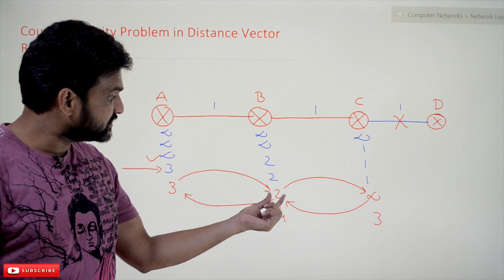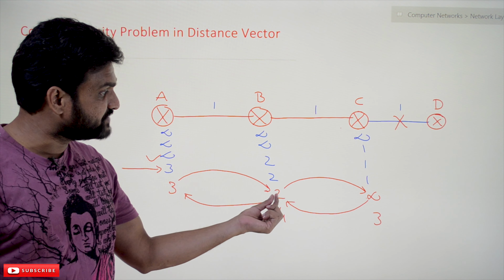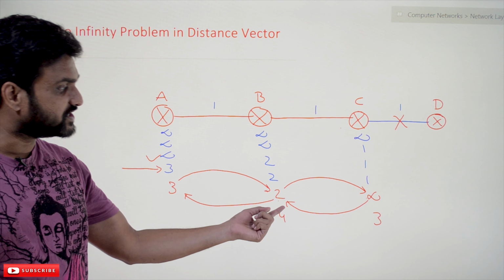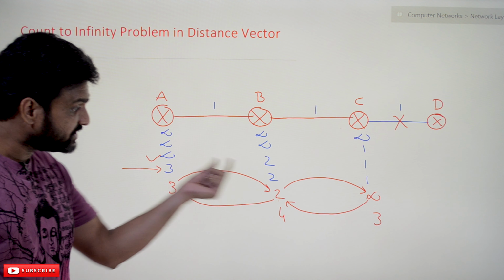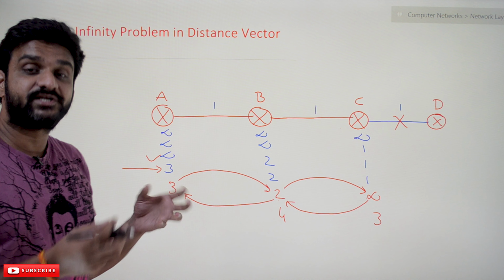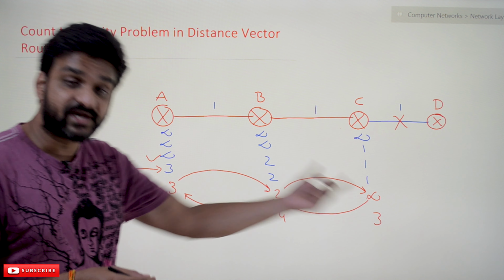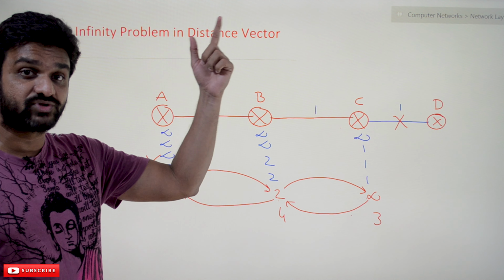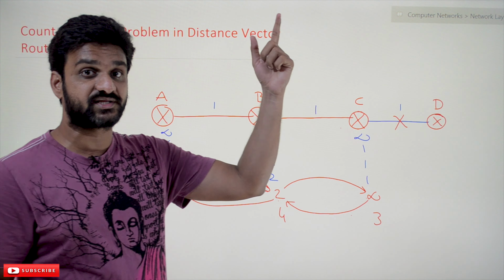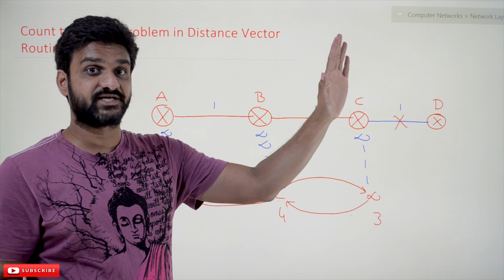In the process of updating this B value, we compare infinite and 3 plus 1. What is the smallest one? 4, when compared with infinite. So 4 will get updated. Please go through our distance vector routing algorithm video, where we have clearly explained this.